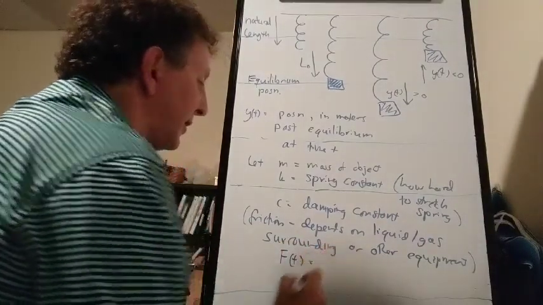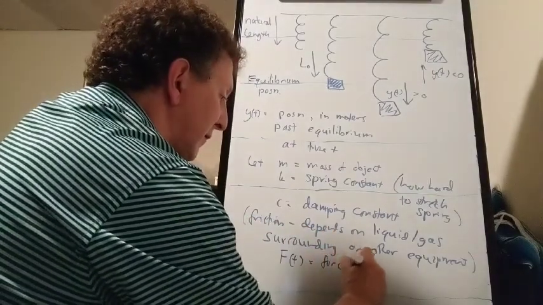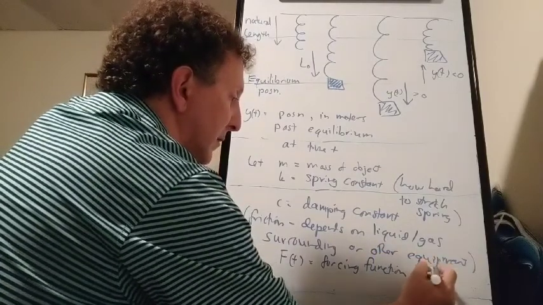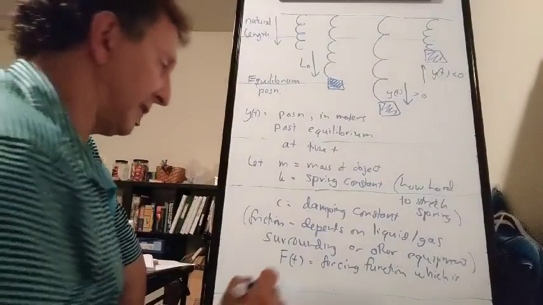And then we have sometimes a forcing function, which is an external force acting on the spring.